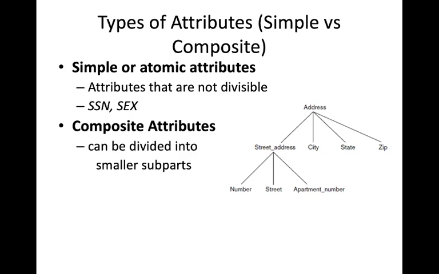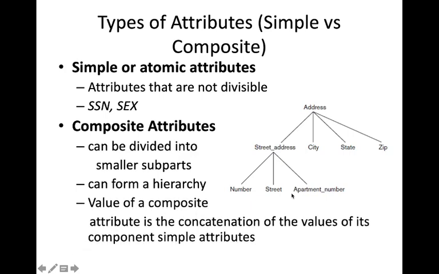Name can also be considered a composite attribute because it can be divided into first name, middle name, and last name. It can form a hierarchy like this.